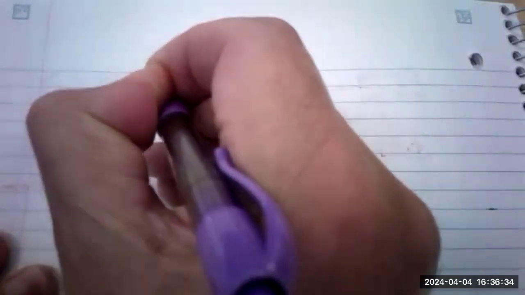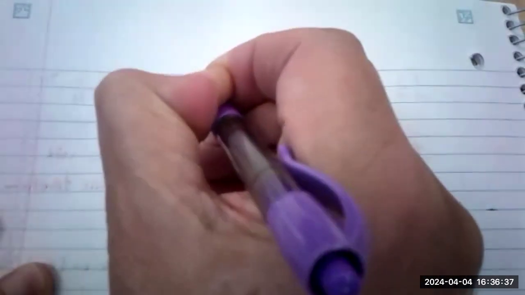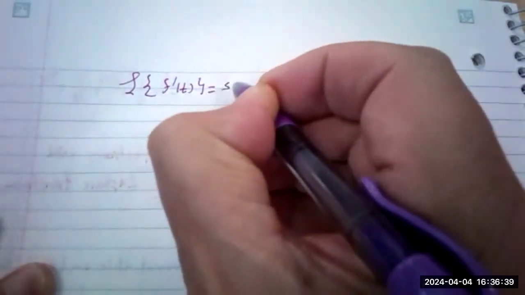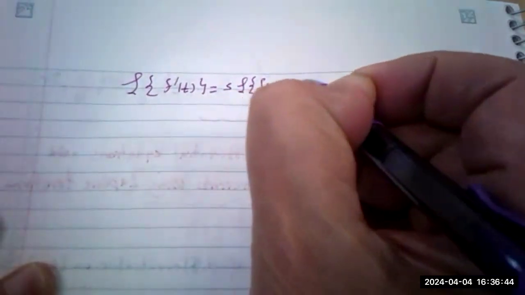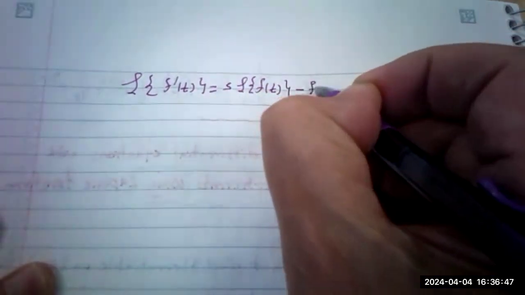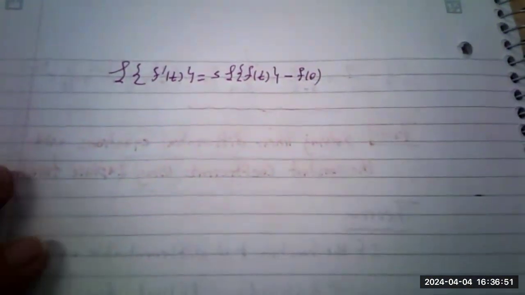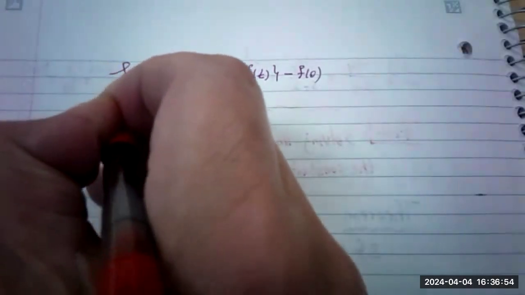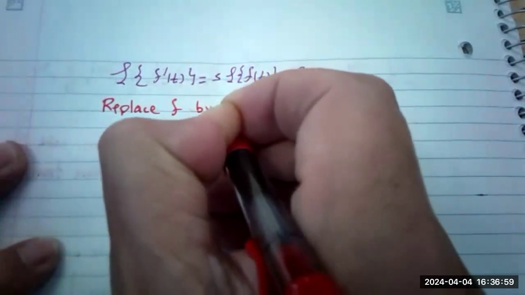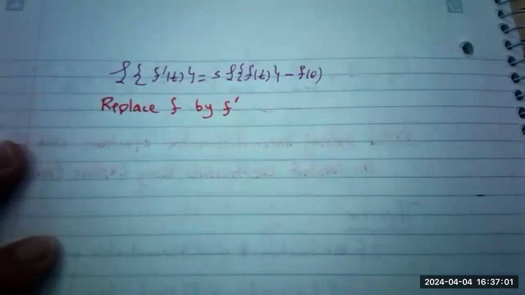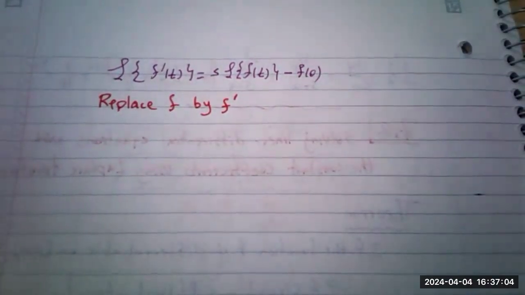I rewrite it here and then I extend it nicely. So what we proved is the Laplace of f prime of t is equal to what? Look at the way we write it down: s times the Laplace of f of t, then minus f of 0. Now if you replace f by f prime, we assume that the function is twice differentiable.